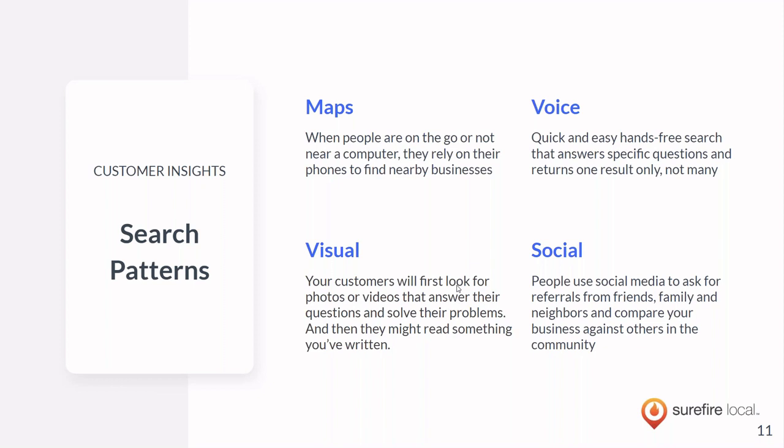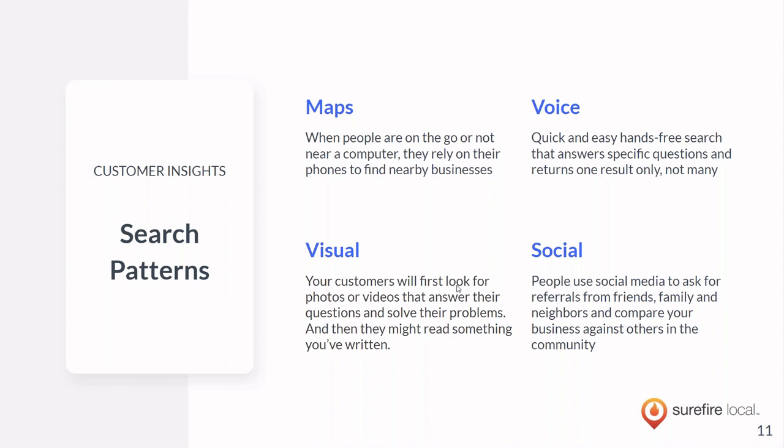Think about you're out on your day, you're running errands, a need comes up, or you have an emergency at home, etc. You're not going to have time to sit down and do a long research and request multiple quotes from different businesses online. You're going to pull out your Google Maps and you're going to look for that business that's near you and is the most relevant to your search as soon as possible. So Maps is the primary way that this is done, but that is not all there is.